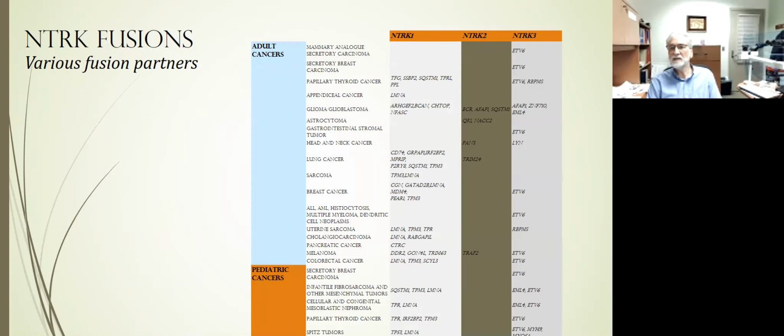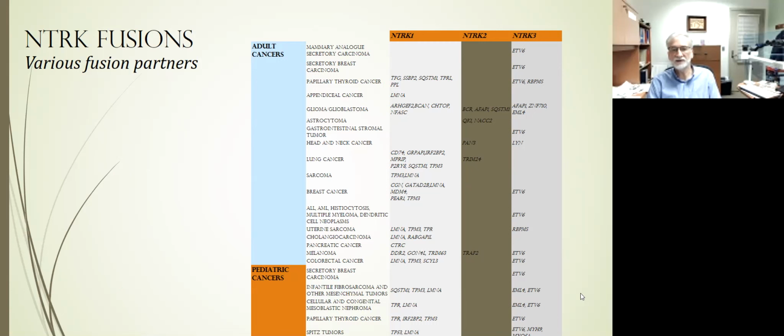There have been many different types of fusions that include all 3 genes, with different partners. And this shows a list of partners that have been so far identified in tumors where NTRK has been rearranged. There are 2 distinct groups of adult cancers and pediatric cancers where you see NTRK fusions.